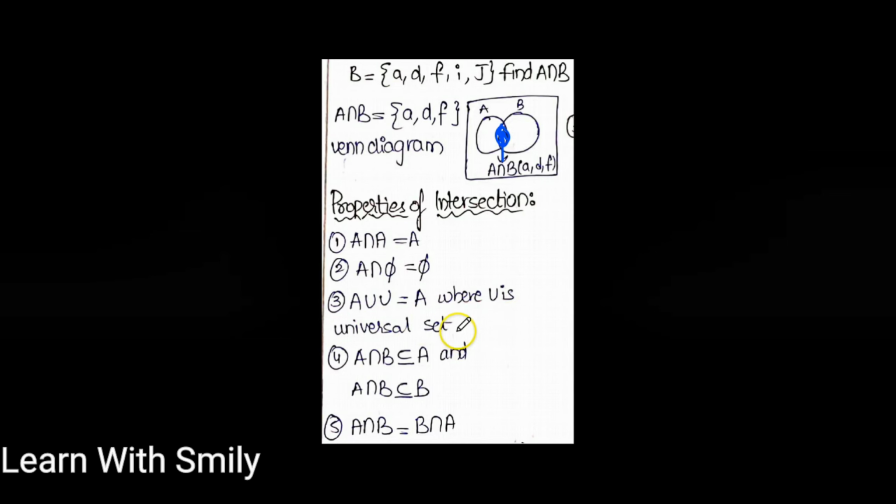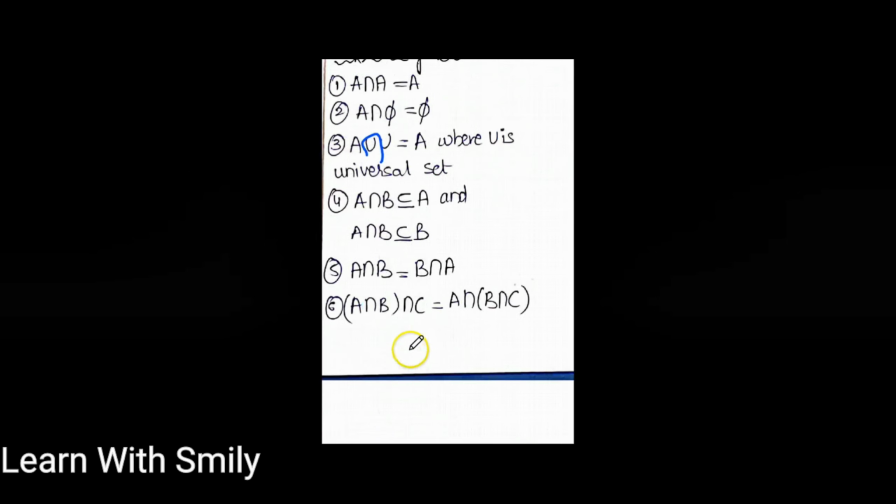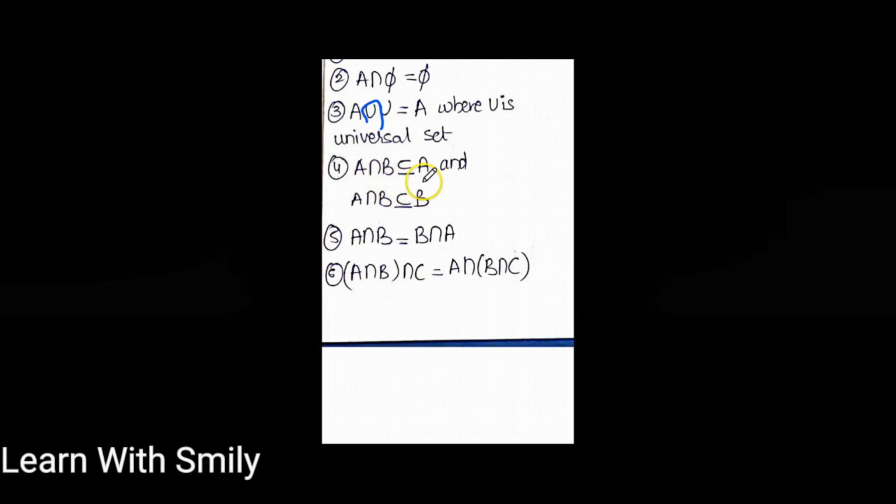So when we are taking the intersection of A with the universe, it will be only A, because within the universe the A elements can be matched. And obviously A intersection B will be a subset of A, and of B as well, because at least one or two elements will be similar, right? And it satisfies both the commutative property and the associative property, as discussed in union.